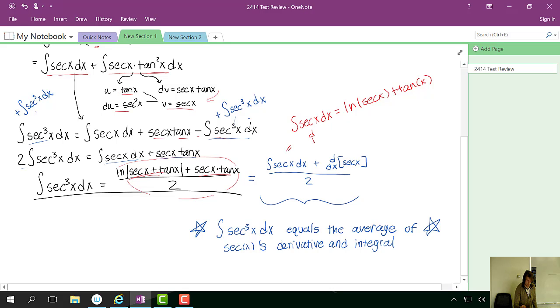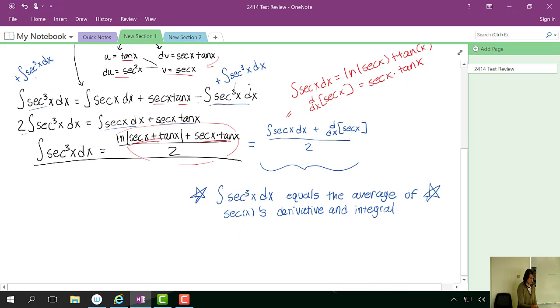The derivative of secant, right? So what we can say, if we want to shorten it down, is that the integral of secant cubed equals exactly the average of secant's derivative and secant's integral.